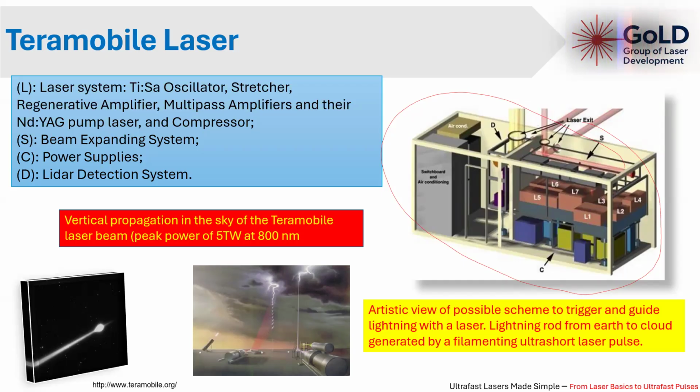It's a filament like the filament of a bulb. That filament can extend hundreds of meters. If the laser is very intense, in joules, maybe hundreds of joules, then you can see that filament in the air.